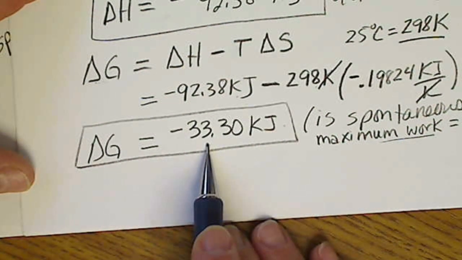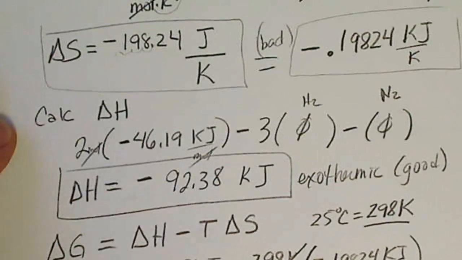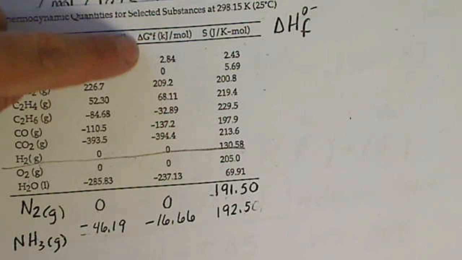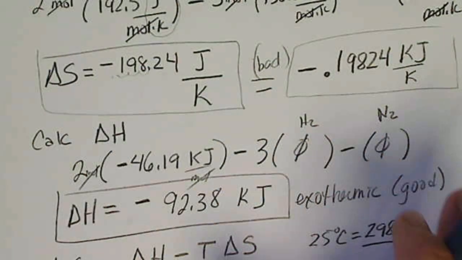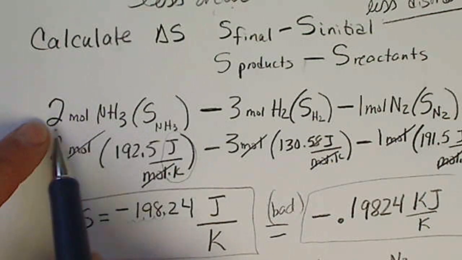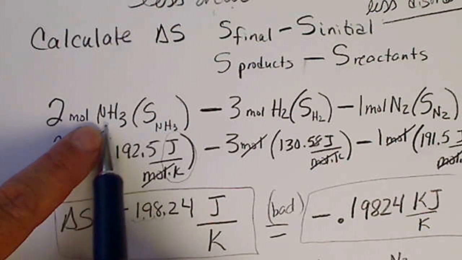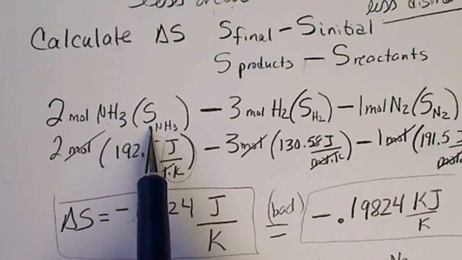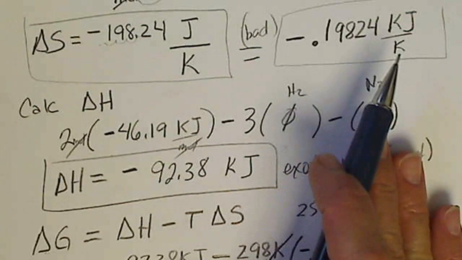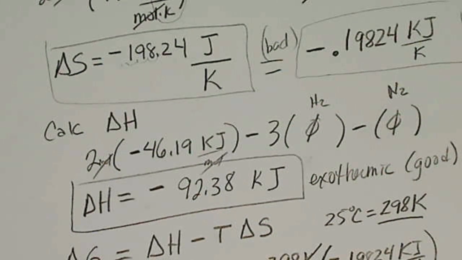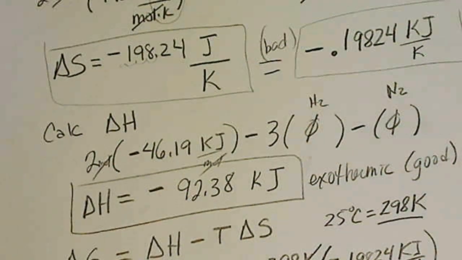Another way to calculate delta G is using the delta G column that's in the table of thermodynamic values and doing the same thing we did up here. We have 2 moles of NH3, so we multiply that by the delta G value and then subtract off all the reactants.